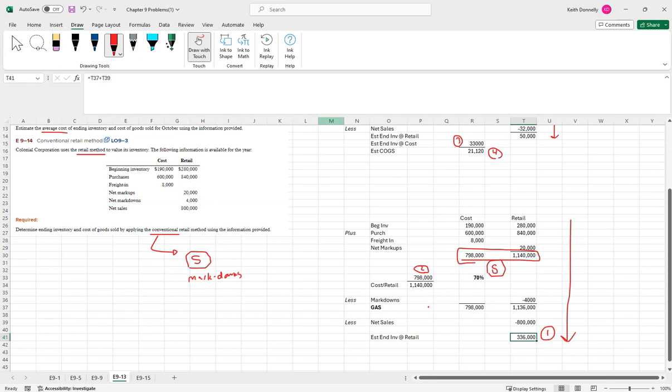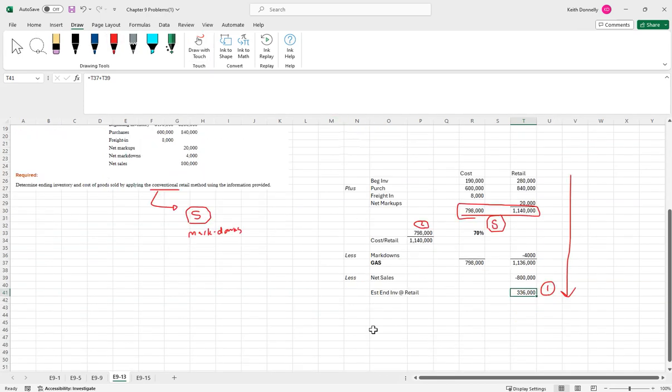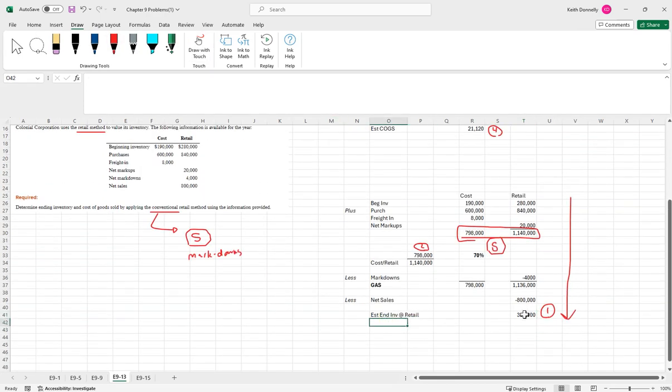Next, what we're going to do is figure out, because we know our ending inventory at retail, we can figure out our estimated ending inventory at cost. We're populating this column. Essentially we're going to take step one times step two, 235.